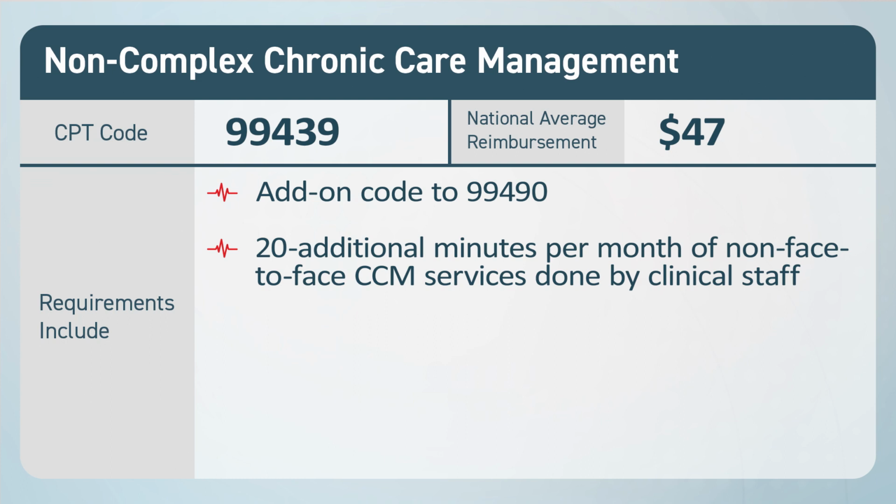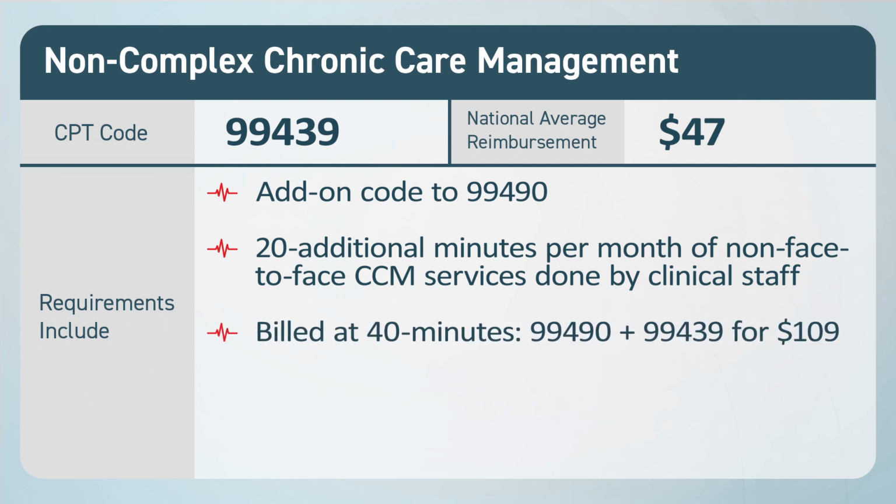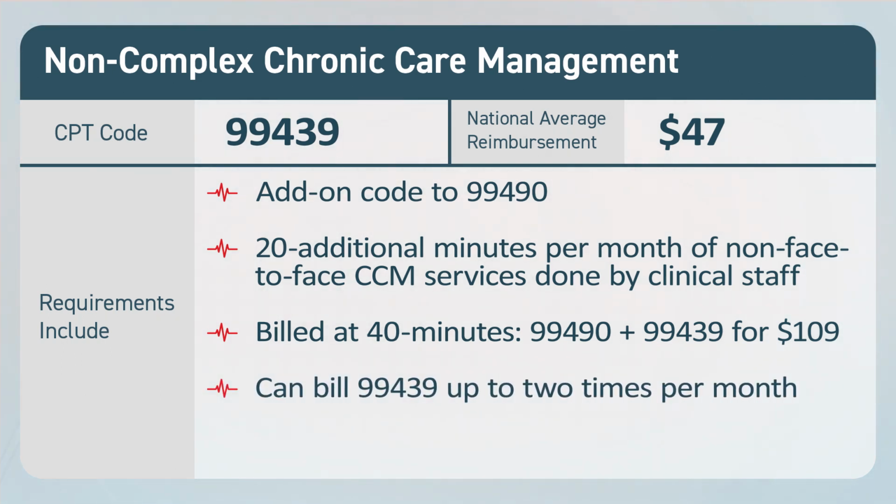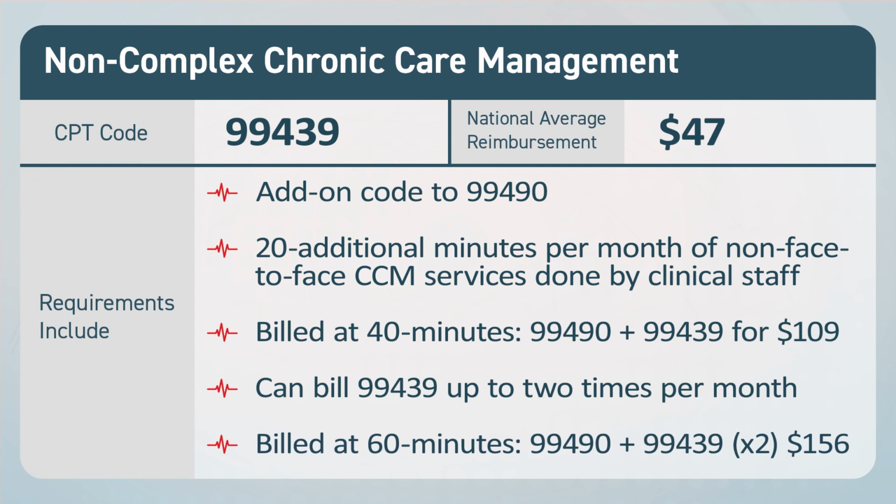This code can first be billed at 40 minutes, so you'll bill code 99490 and 99439 for a total of $109 with the two codes. You can bill code 99439 up to 2 times per month, so at 40 and 60 minutes of time. At 60 minutes, you'd bill 99490 and 99439 times 2 for a total of $156.